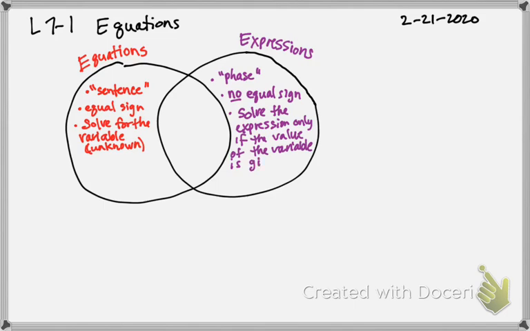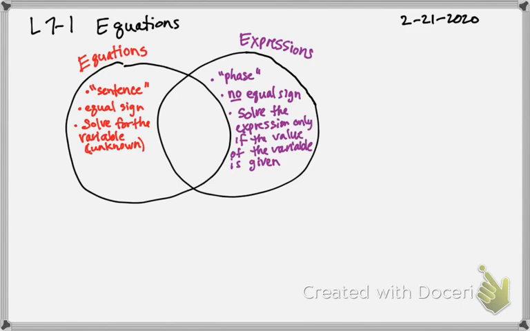And we saw that when we were practicing with algebraic expressions, and then they would say like 2g plus 5 if g equals 6. So then we could substitute in 6 for g and solve out that expression using order of operations.